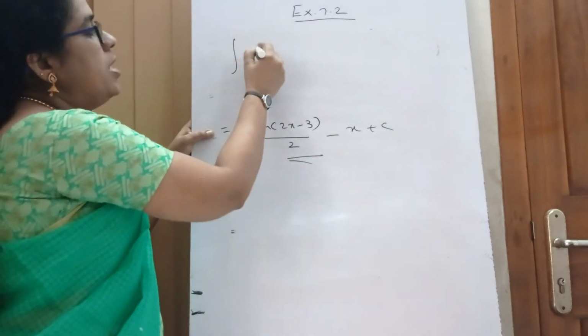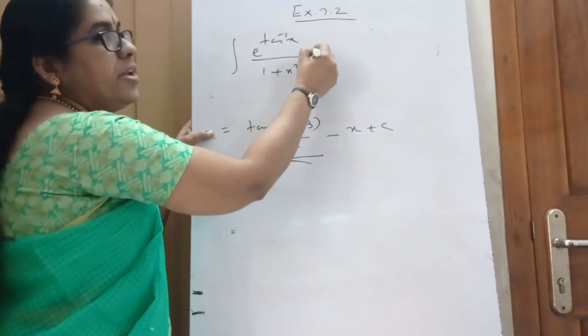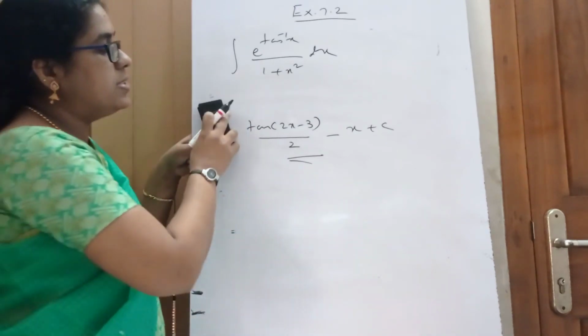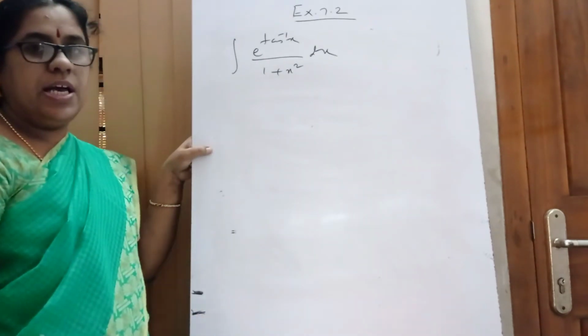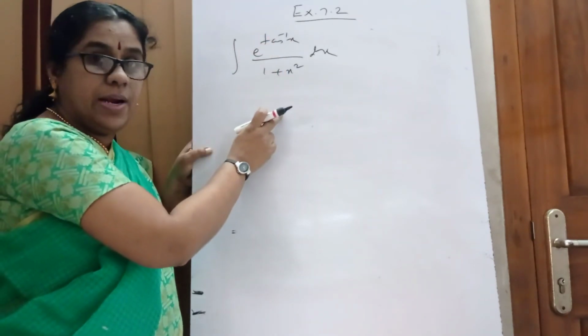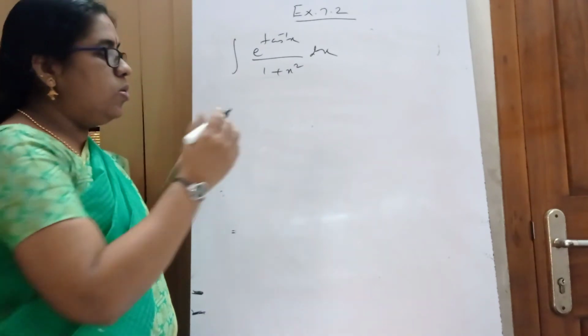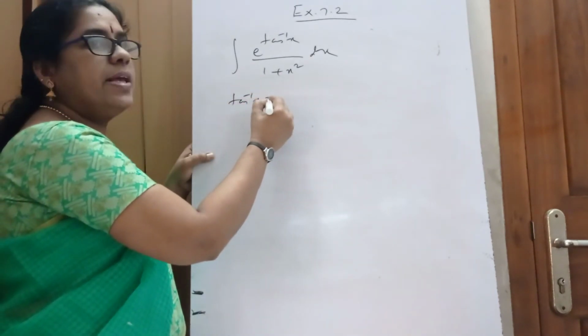The integral of e raised to tan inverse x by 1 plus x squared dx. Here we know the derivative of tan inverse x is 1 by 1 plus x square. So we put tan inverse x equal to u.